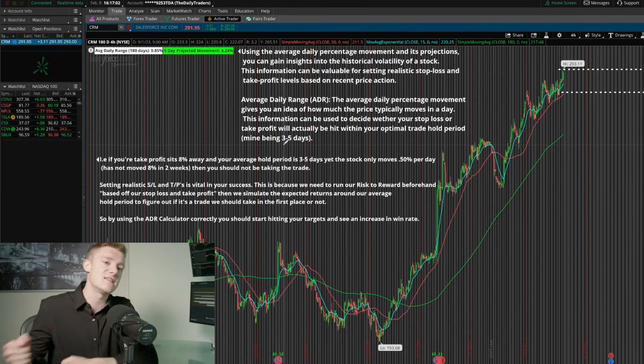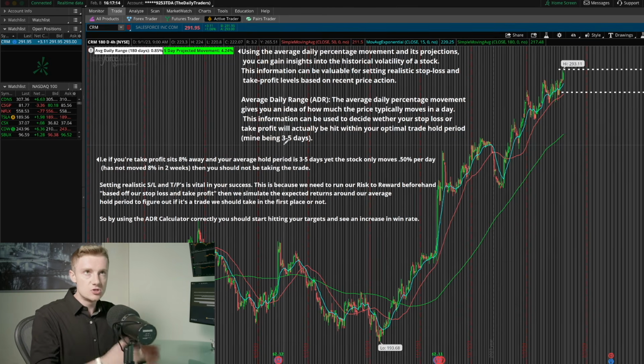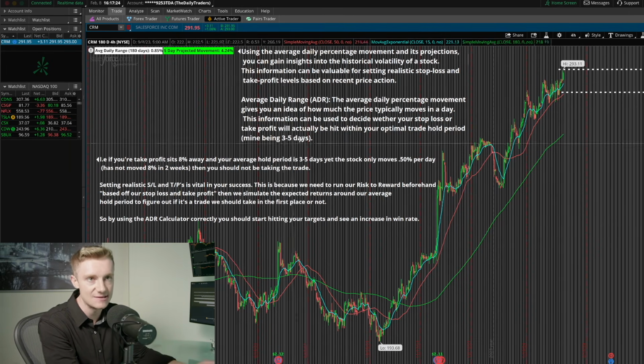If on the first day, say the next morning, I hit my stop loss or take profit, I will be presented with the best risk to reward. But as the days go on, as we trade options, theta kicks in and it costs us more and more each day to hold that position. That's why I'm going to go 5 days out when I simulate that position using the Analyze tab.